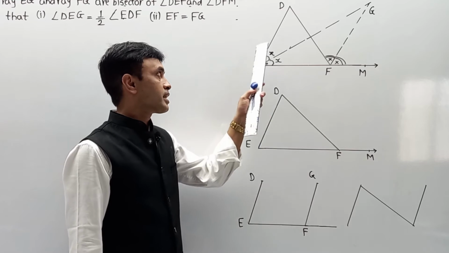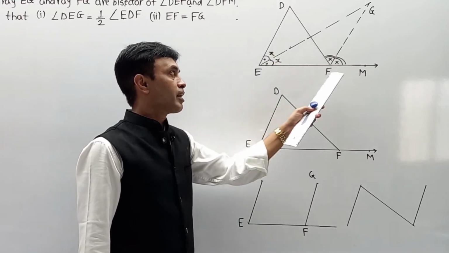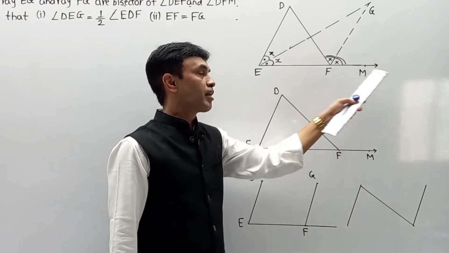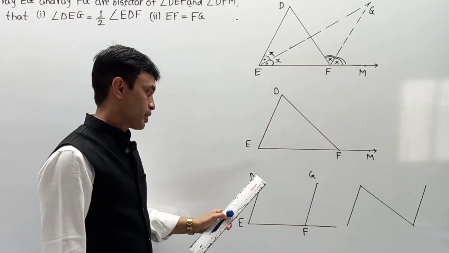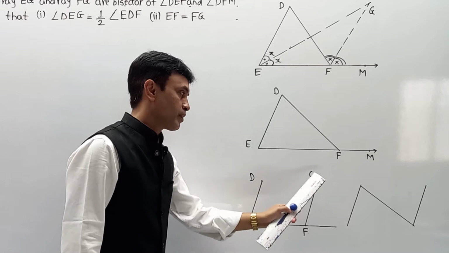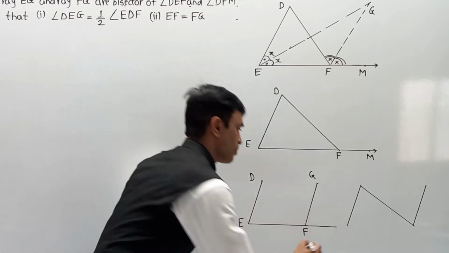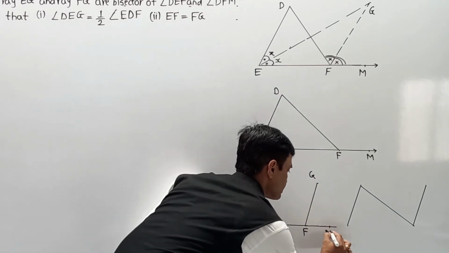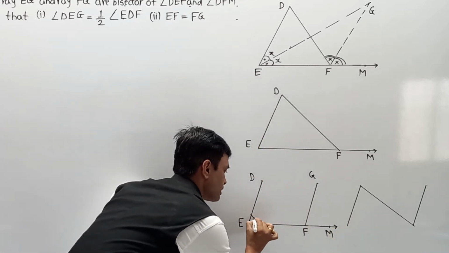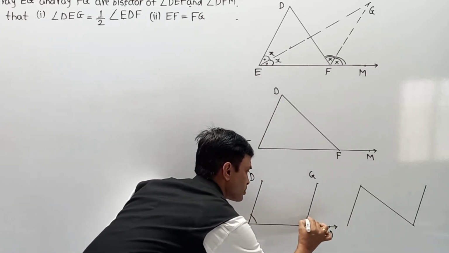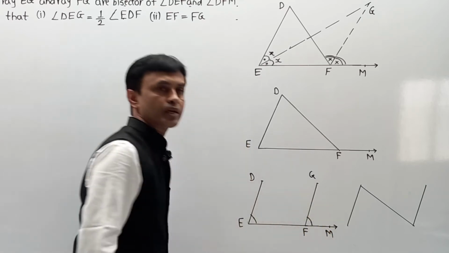In that case, angle DEF must be congruent to angle GFM because these are corresponding angles. DEF is congruent to GFM, means this angle must be congruent to this angle.